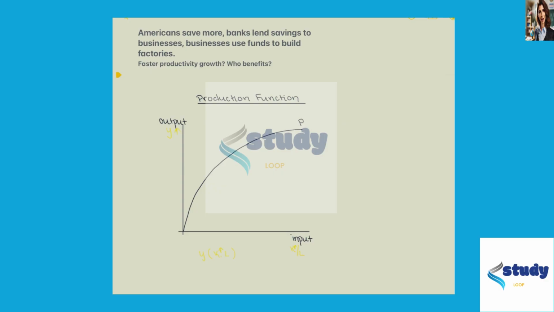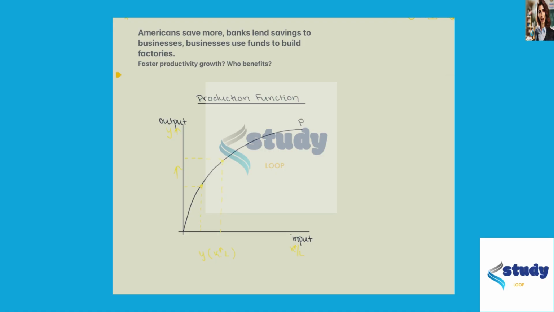So what you can see here is if our capital per labor ratio started here, it was fairly low, but let's suppose now we have more capital, which allows us to jump up to here. All of a sudden, what we're seeing specifically is that our output has increased. So it makes sense to see this faster productivity growth as a result of this increase in capital.